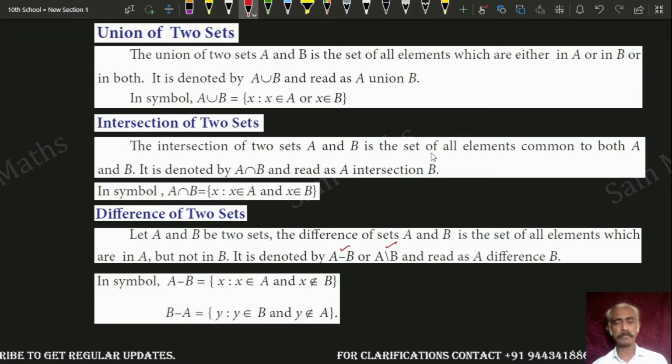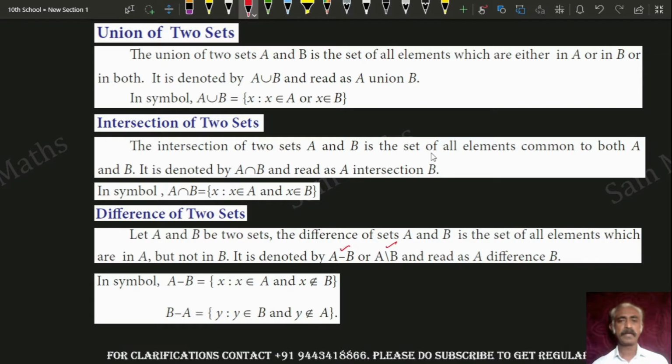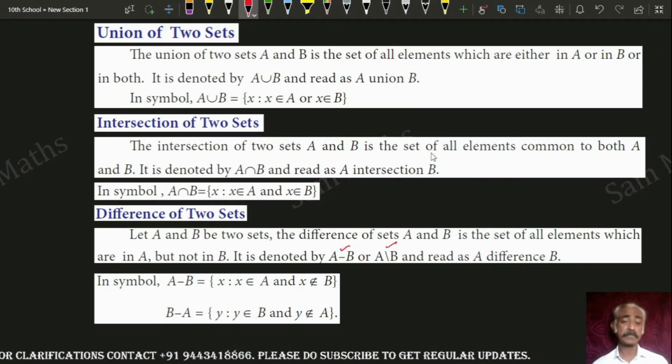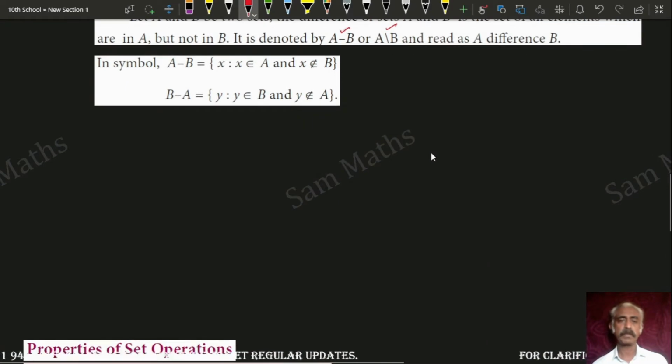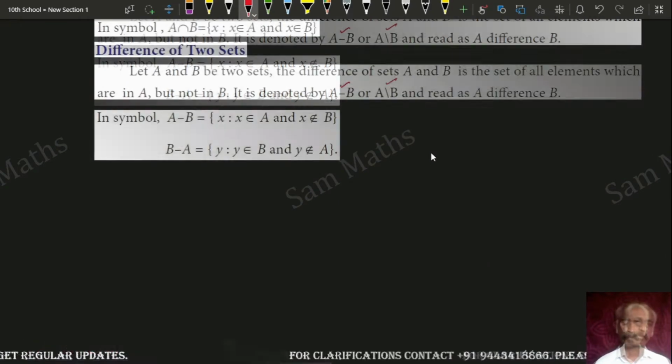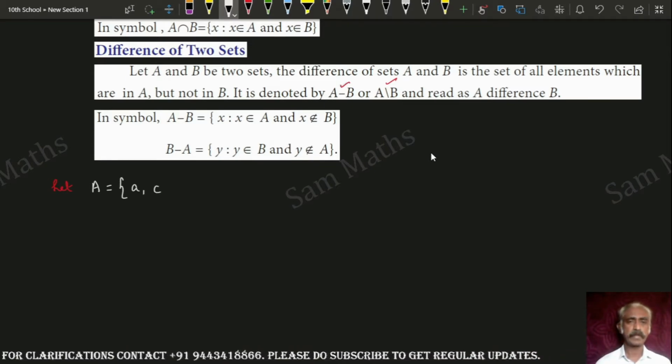It should be from A but not from B. In symbols, A difference B is equal to the set of X such that X belongs to A and X does not belong to B. B minus A means it's from B but not from A. Make it very clear. Now we are going to discuss one problem to find all these things. Let A be equal to A, C, D, F.